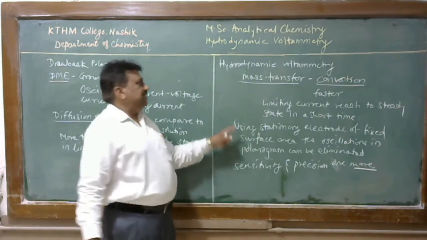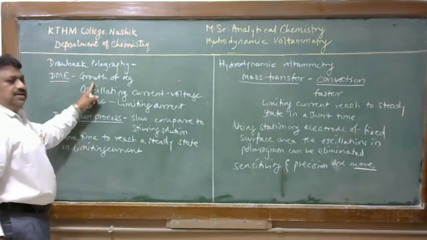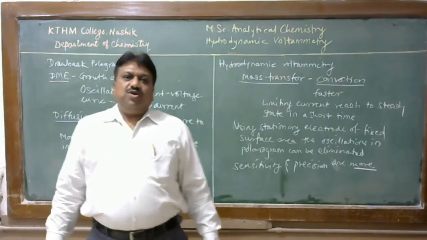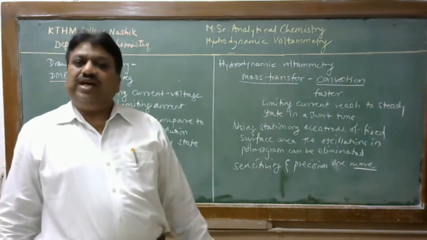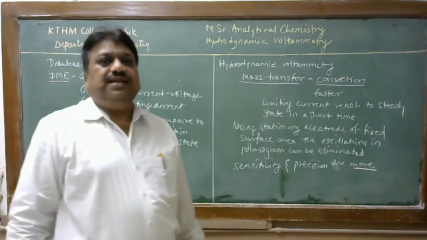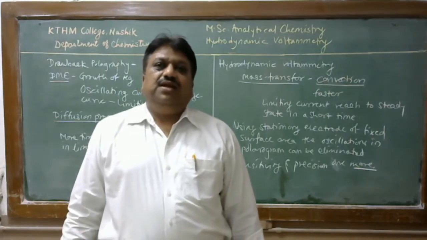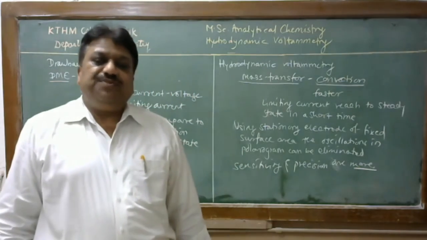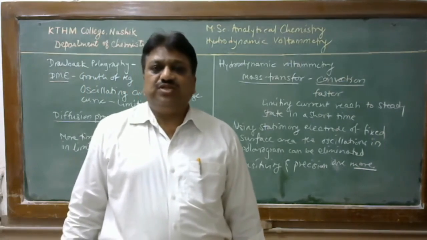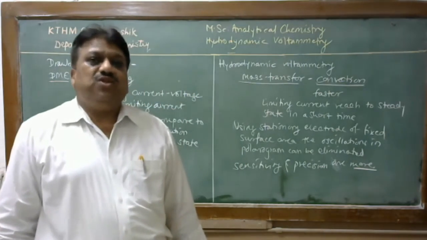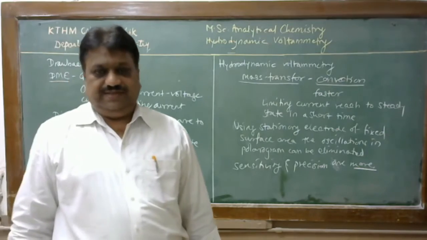That means if we compare polarography and hydrodynamic voltammetry, first of all, polarography is a linear scan voltammetry performed in a quiescent analyte solution, and analyte species are transported to the electrode surface by a diffusion process. Diffusion process is slower than the convection process.